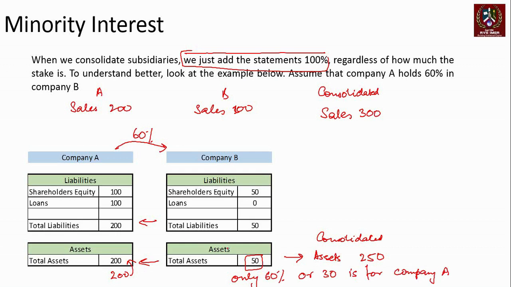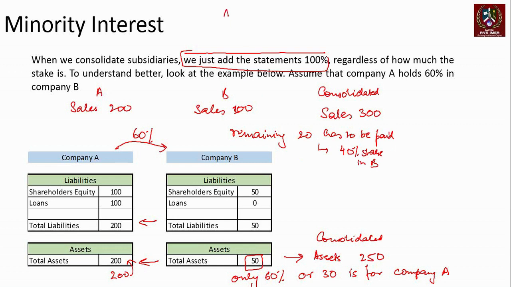Or in other words, the remaining 20 has to be paid to whoever holds that 40% stake in B, correct?